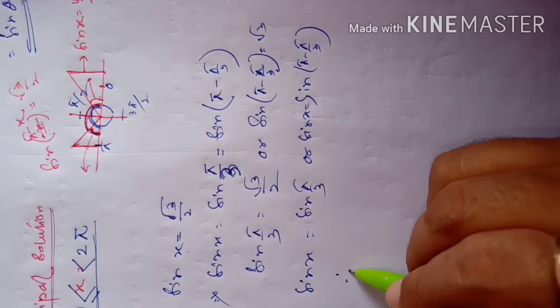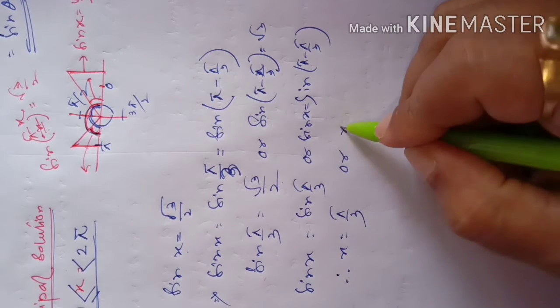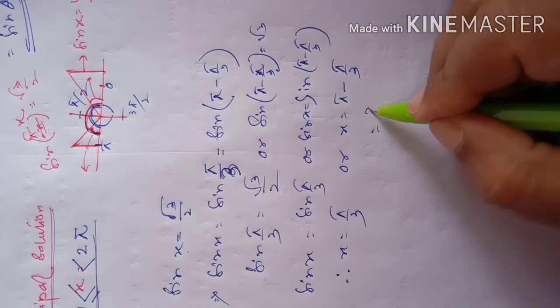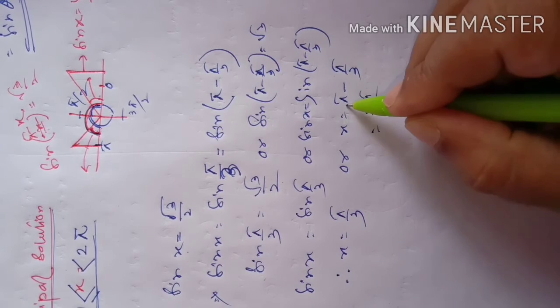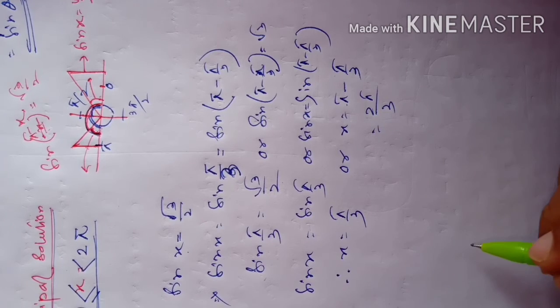From here we get x equal to pi by 3, or x equal to pi minus pi by 3. Pi minus pi by 3 is 2 pi by 3, because 3 pi minus pi is 2 pi, over 3. So that is the solution, the principal solution.